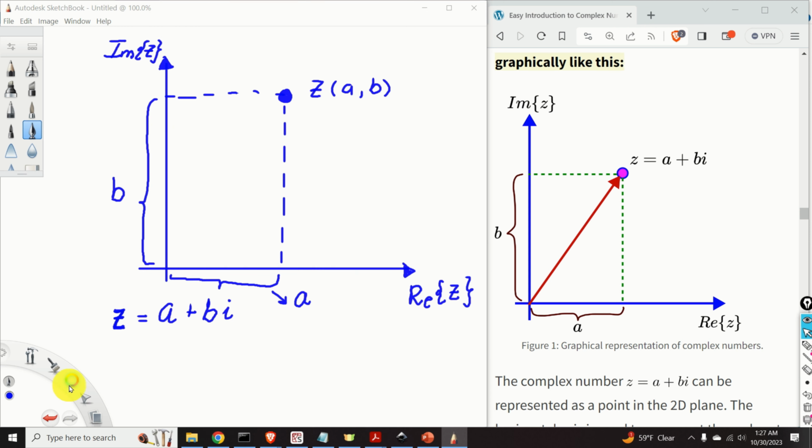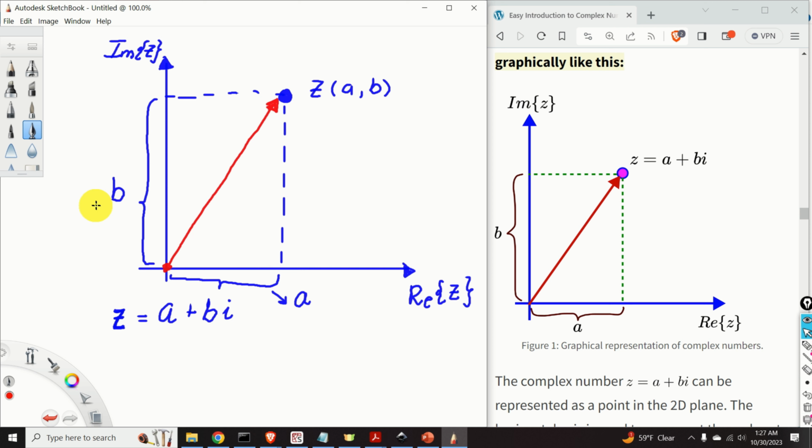Then, our complex number can also be seen as a vector starting from here and ending here, with the projections a and b. Consequently, complex numbers are very similar to vectors.